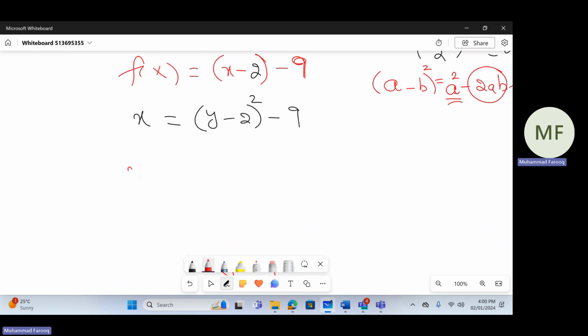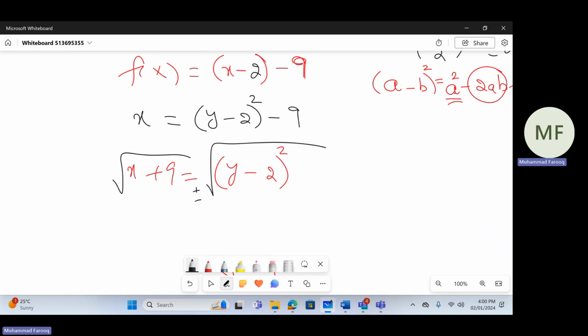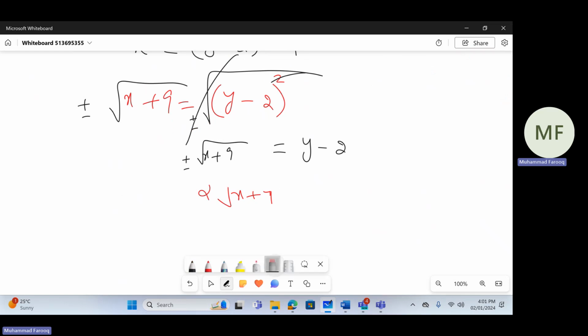It becomes x plus 9 is equal to (y − 2)². You have to cancel the squares. We need the square root on both sides, positive and negative, because the square is cancelled out. So you now have plus or minus the square root of x plus 9 is equal to y minus 2. Now this minus 2 you can shift to the other side, and it becomes positive 2.